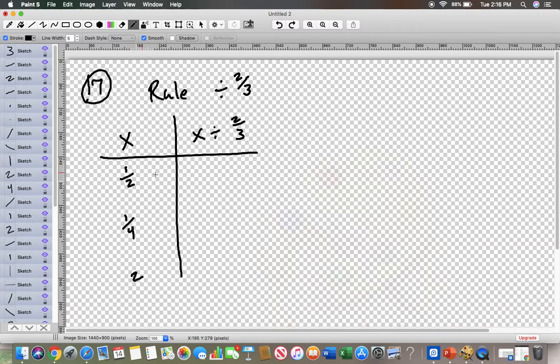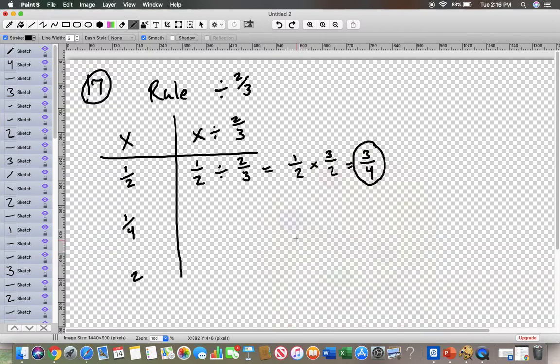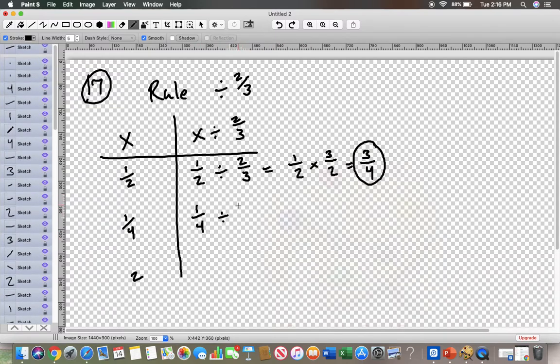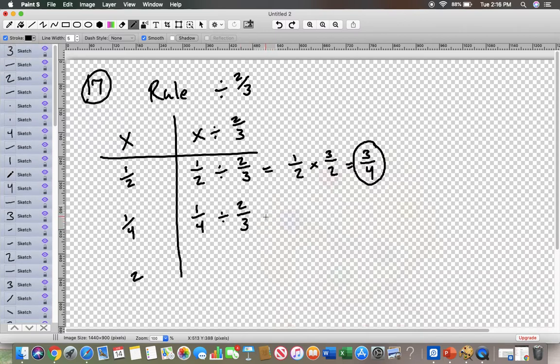Well, here we go. 1/2 is what x is. If x is 1/2, then what would my outcome be? Well, 1/2 divided by 2/3, I need to solve by multiplying by the reciprocal, so that would be 1/2 times 3/2, which is equal to 3/4.